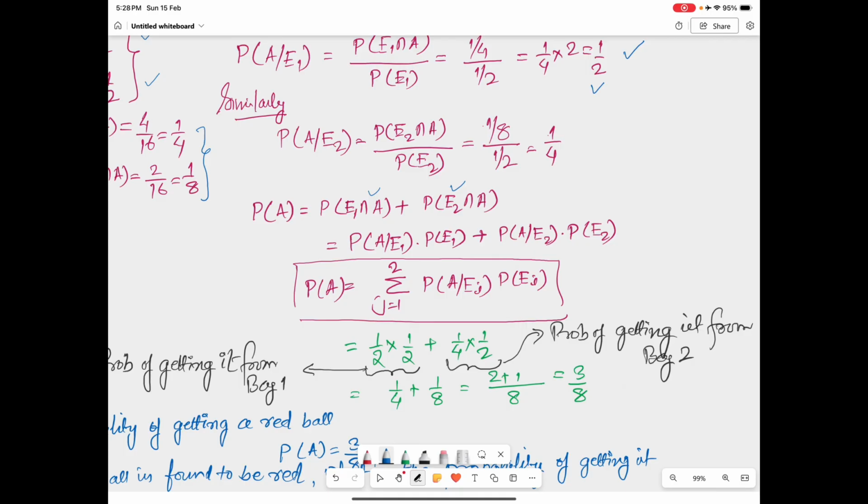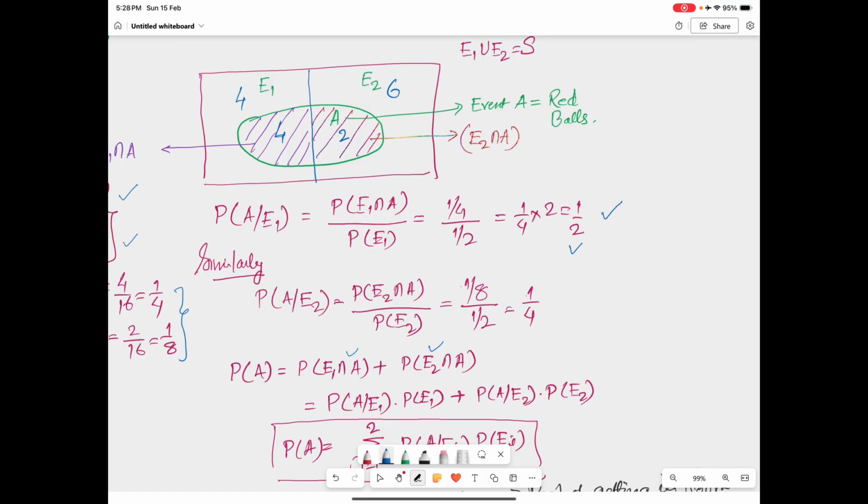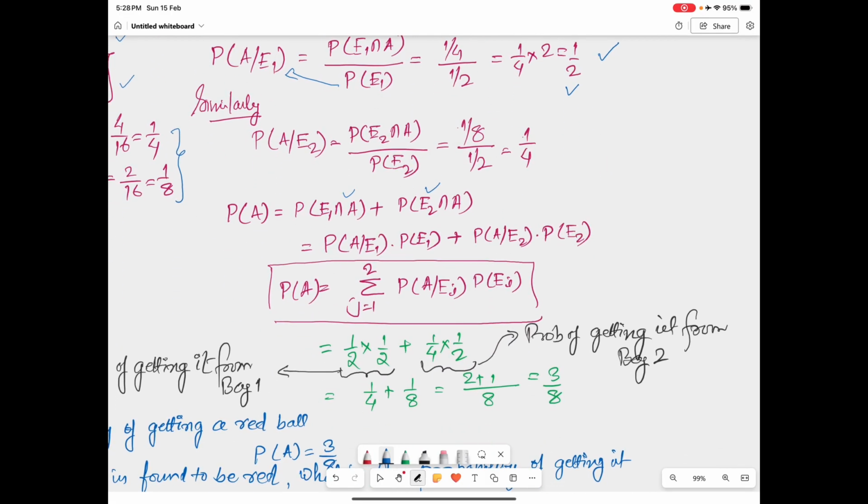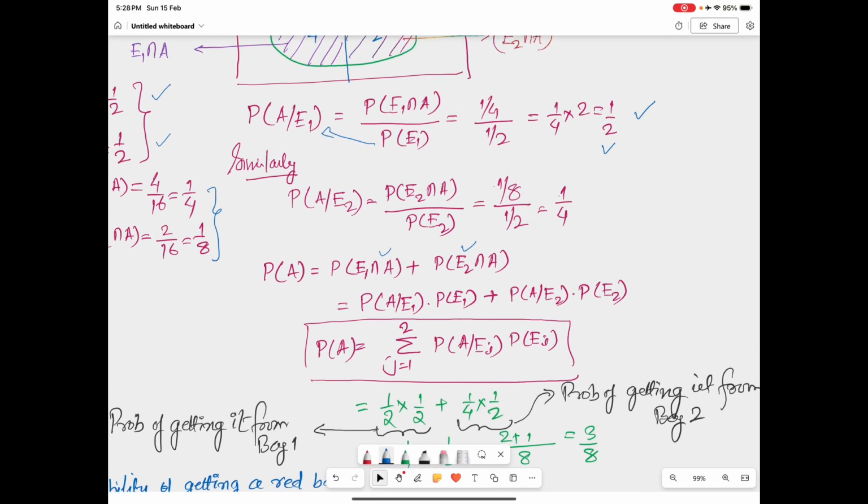If I get it from bag 1, I am using the formula of conditional probability: probability of A given E1 into probability of E1, and probability of A given E2 into probability of E2, the same formula. This gives the same denominator which I have written in the formula. So 1/2 into 1/2, all the probabilities I have already calculated.